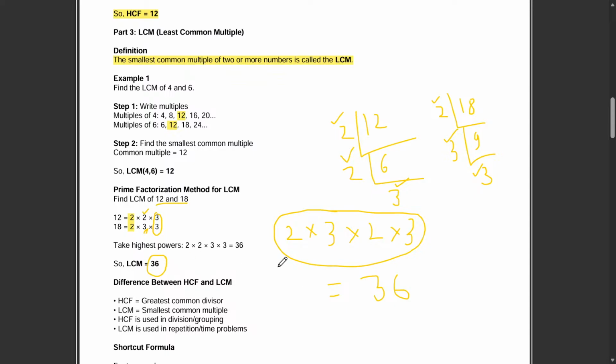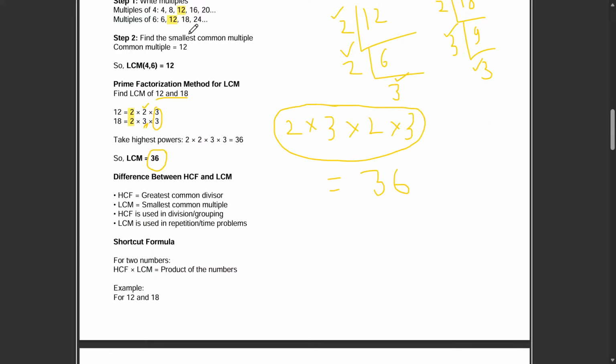So we have learned about HCF and LCM. Now we are going to learn about the difference between HCF and LCM. HCF means greatest common divisor.